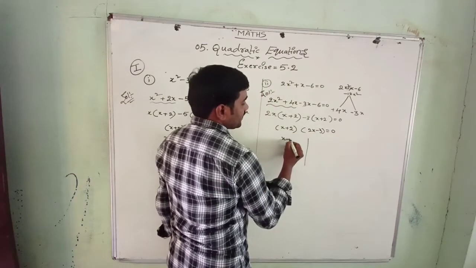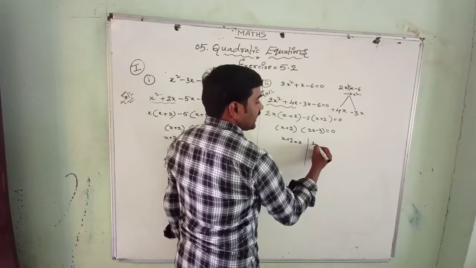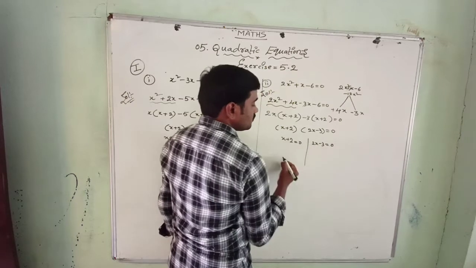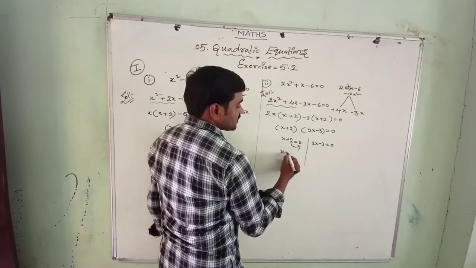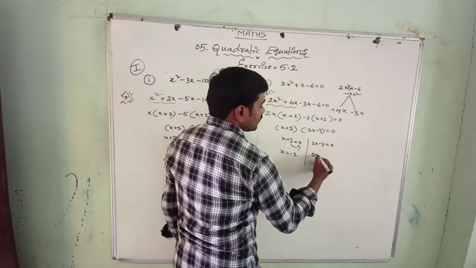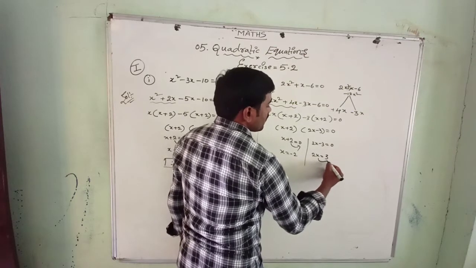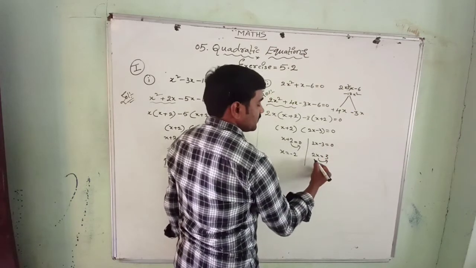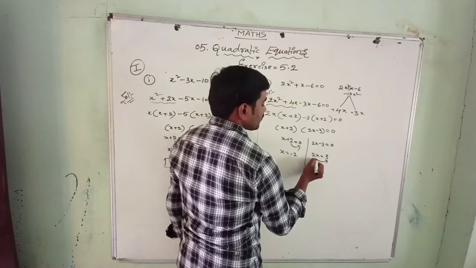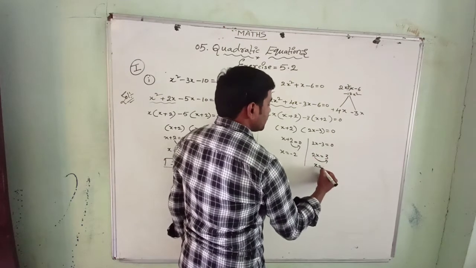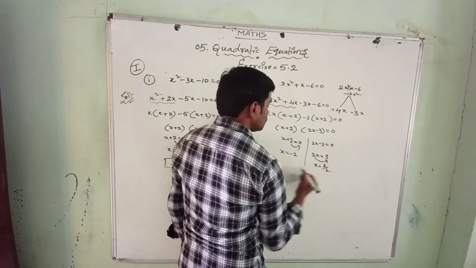Now x + 2 = 0 and 2x − 3 = 0. So x = −2, and here 2x = 3, since −3 becomes +3. Then 2 is transferred to the other side, so x = 3/2.